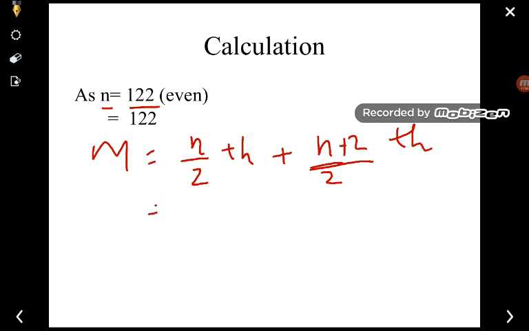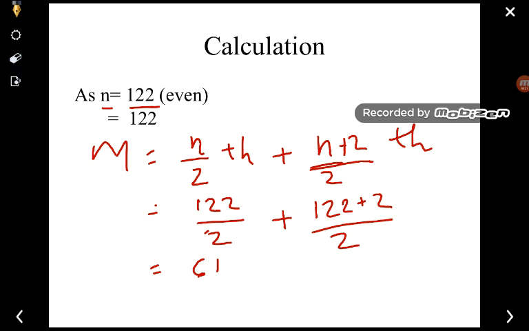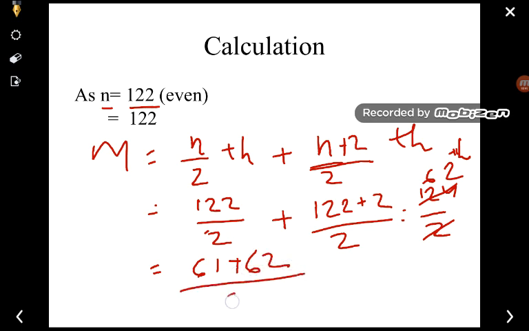So the number of observations is 122; 122 by 2 is equal to 61. And 122 plus 2 divided by 2 gives 124 divided by 2, that is the next value, the 62nd value. So the median is (61 plus 62) divided by 2, that is equal to 61.5.